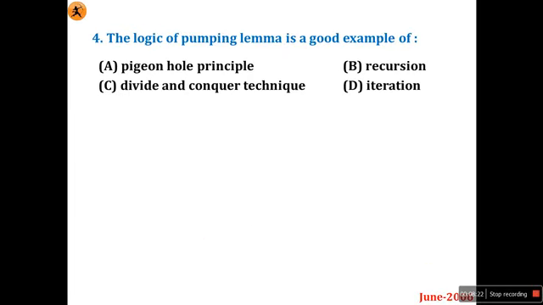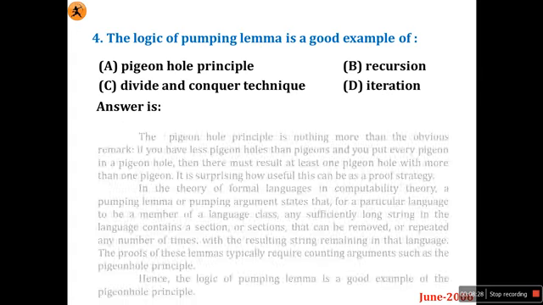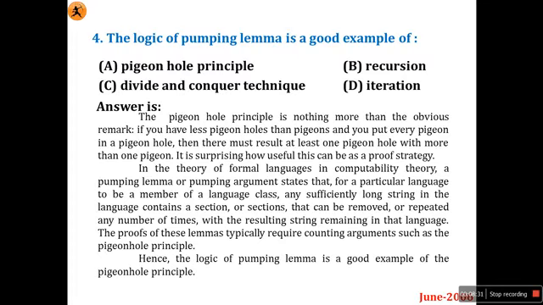The logic of the pumping lemma is a good example of what? It's a straightforward question. The pigeonhole principle is nothing more than one obvious remark, but it is useful. It is a very popular theorem and example in computer science.